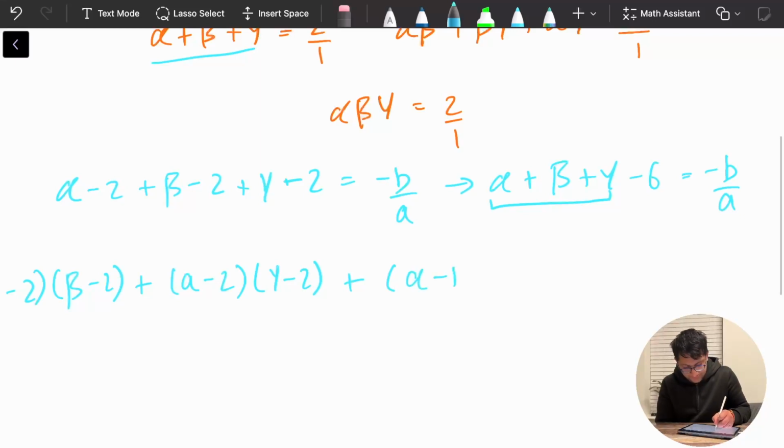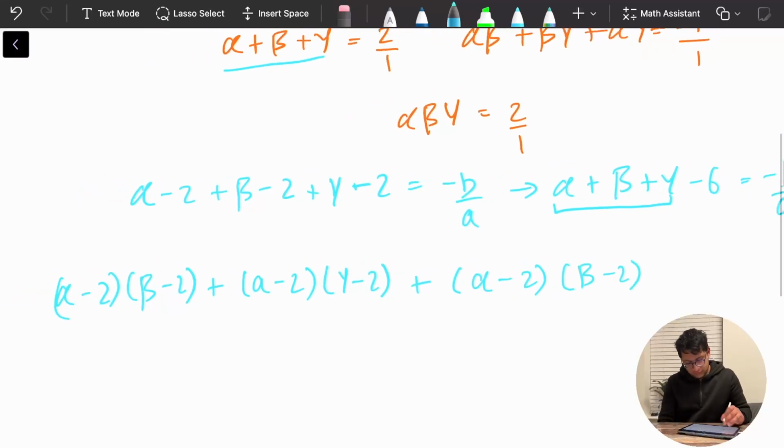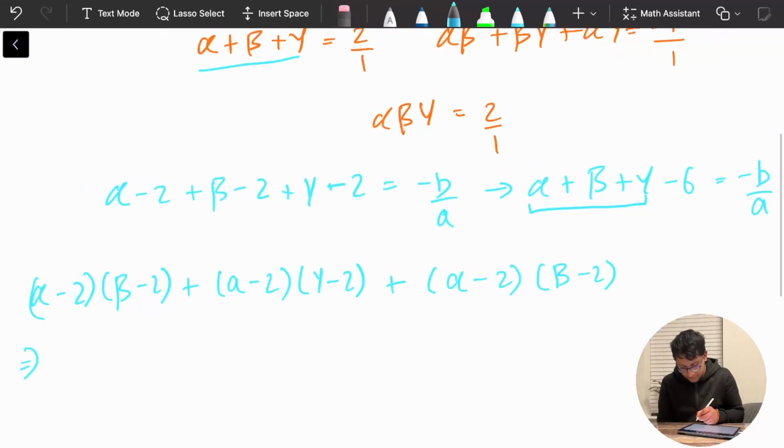Plus alpha beta minus 2 alpha minus 2 beta plus 4, and it's going to be the same thing.